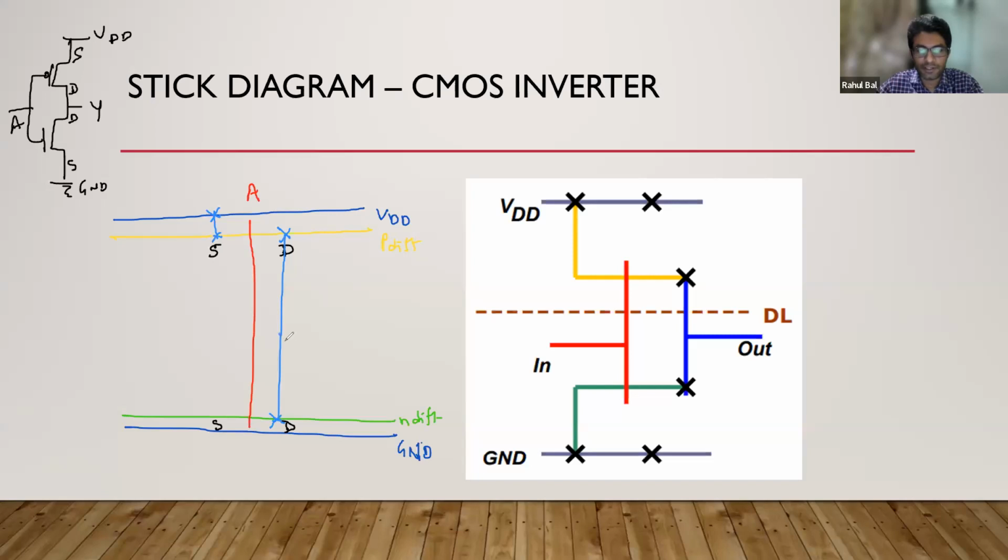So to indicate the output, we will extend this metal here, and here we'll write Y. And the source of the NMOS is connected to ground. That's it. So this is how we have built a simple stick diagram for the CMOS inverter circuit.